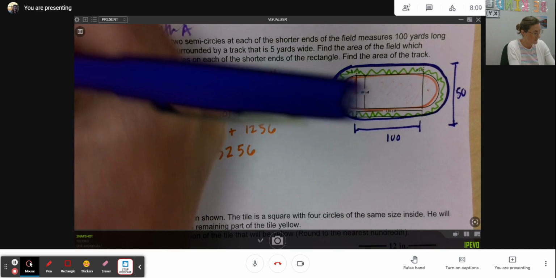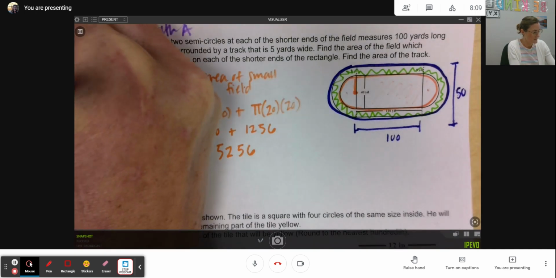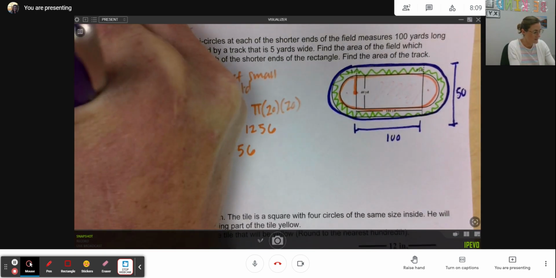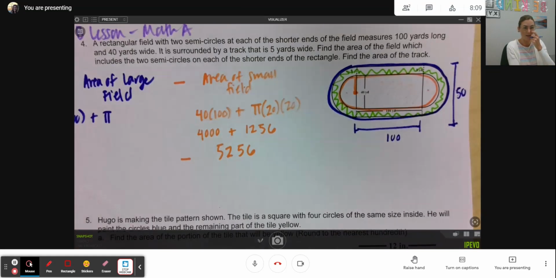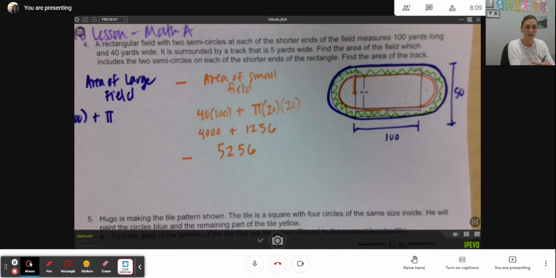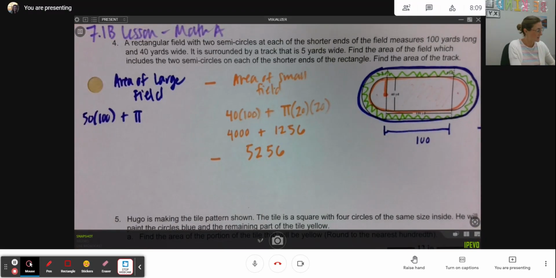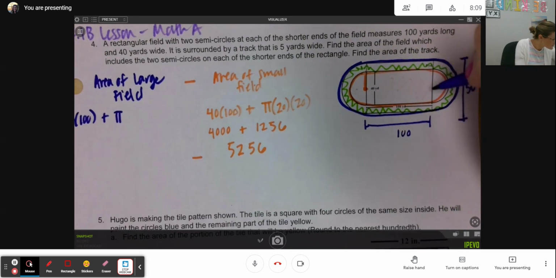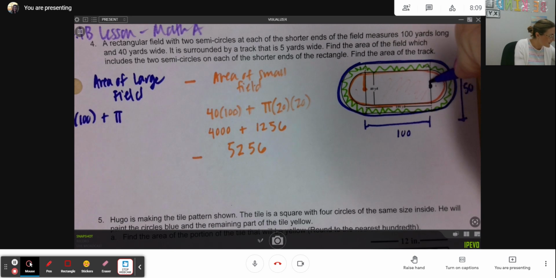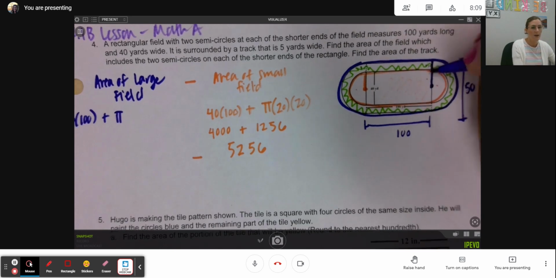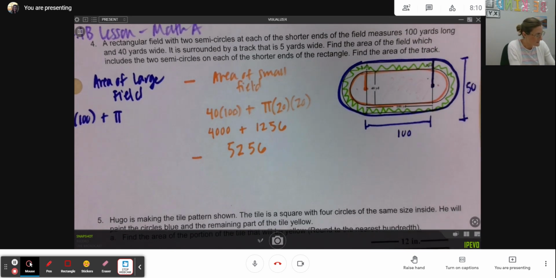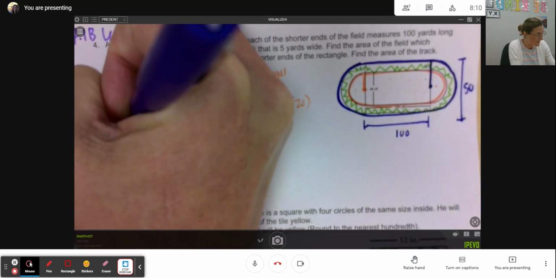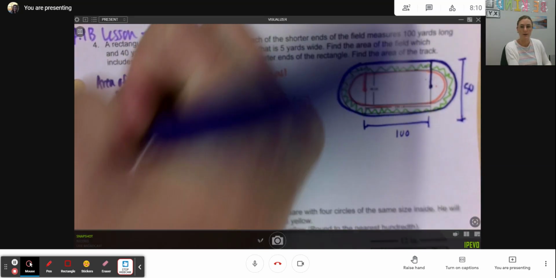So the rectangle is 50 times 100. And then the circle is going to be pi times the new radius squared. So the new radius here is half of 50 now, because my radius now goes from here all the way out. So this was 20 and that was 5. So my radius is now 25 times 25.